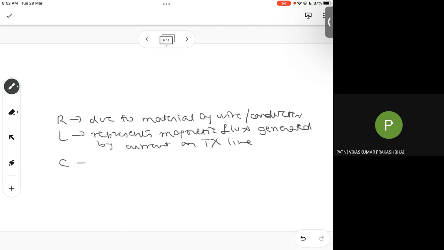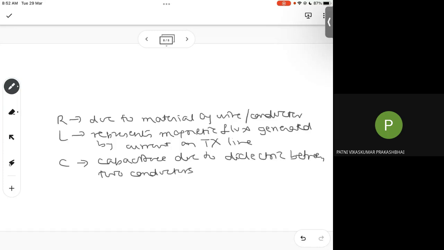C is basically, we have understood, a capacitance due to the dielectric between two conductors or wires.